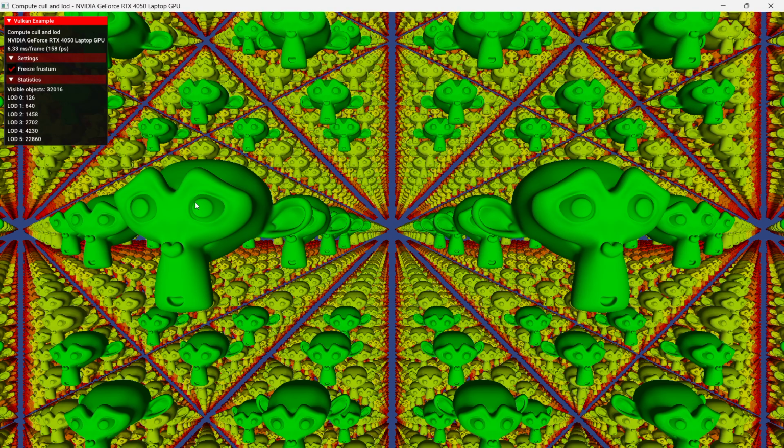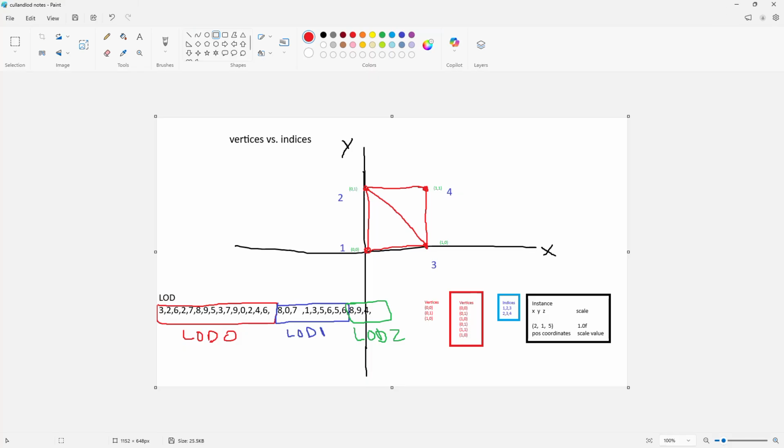So we have the vertices and indices, which are in charge of building the singular object, and then we have the instance data, which is involved in moving that object to its final destination, right? So let us now look at some notes that I have that help us understand what's going on.